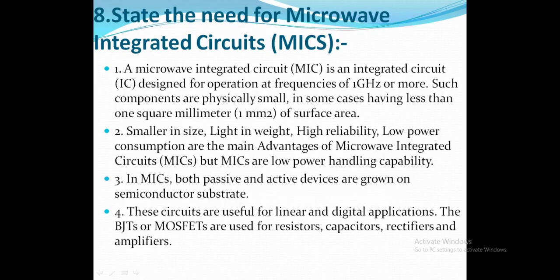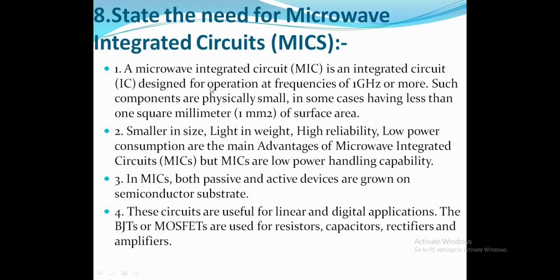Next, need for microwave integrated circuits. A microwave integrated circuit is an integrated circuit designed for operation at microwave frequencies, that is 1 gigahertz and more. Such components are physically small, in some cases less than a square millimeter of surface area.